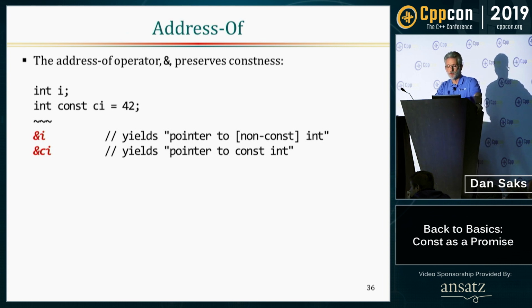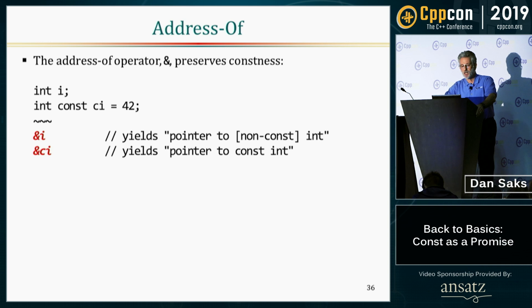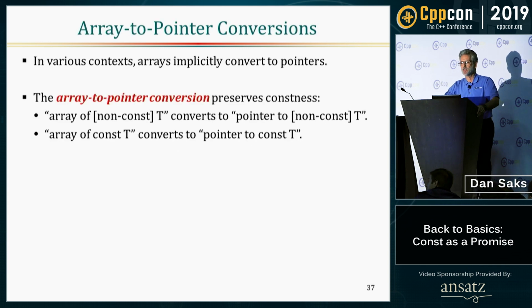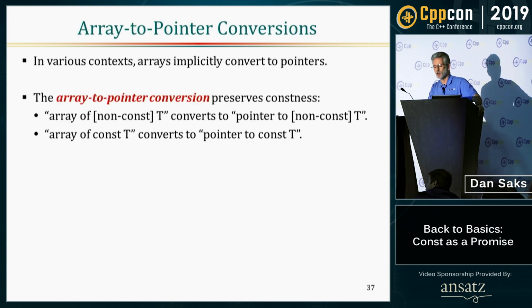Now just another basic but noteworthy point, the address-of operator preserves constness. If i is a non-constant integer, its address yields a pointer to non-constant int. If ci is a constant int, taking its address yields a pointer to constant. This also happens with the implicit conversions regarding arrays.